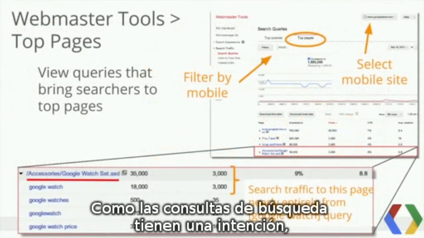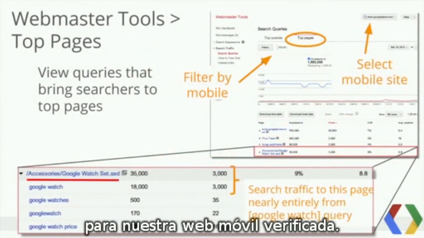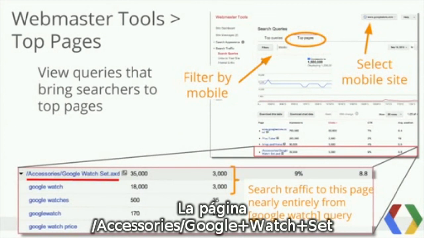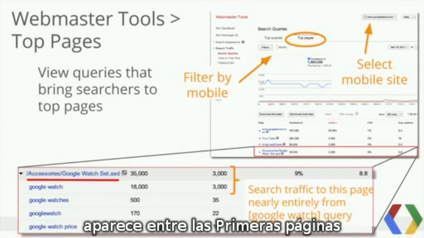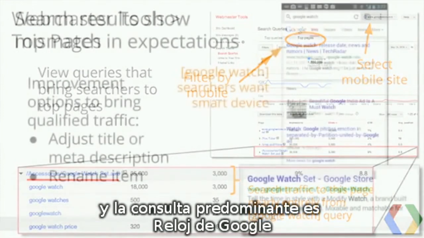Since search queries are intent-driven, let's go to our Webmaster Tools account for our verified mobile site. Select Top Pages and filter by mobile searches. The /accessories /Google Watch Set page is listed in Top Pages, with the dominant query being Google Watch.